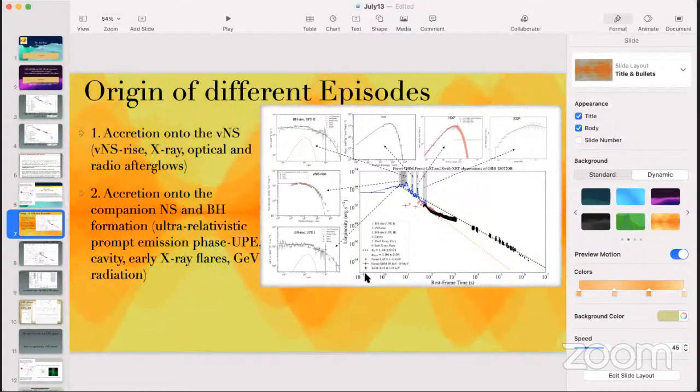And each one has its own gamma Lorentz factor. I mean, the blue vacuum polarization have gamma of the order of 200, and they are jetted in this early phase, turning on and off from the black hole.